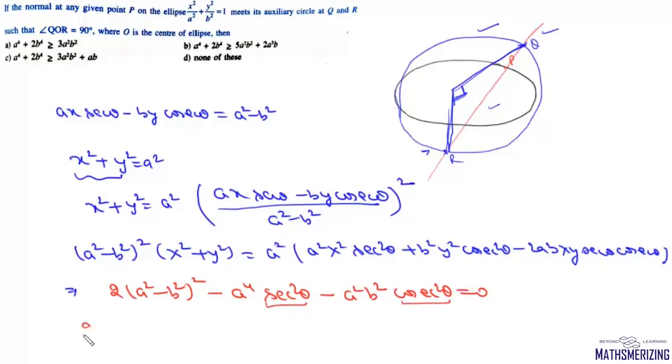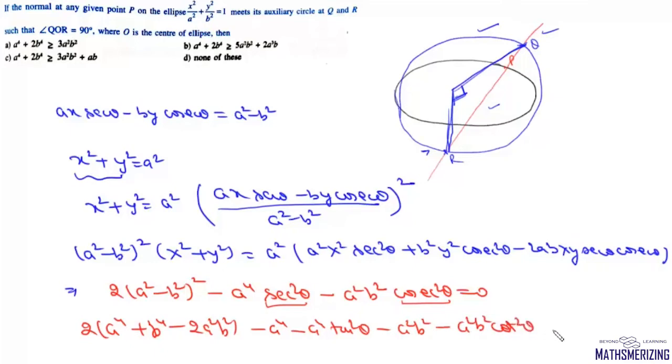Then we can write 2 times a to the power 4 plus b to the power 4 minus 2 a square b square, minus a to the power 4 minus a to the power 4 tan square theta, minus a square b square and minus a square b square cot square theta equals 0. We'll take tan square theta and cot square theta to the right hand side.